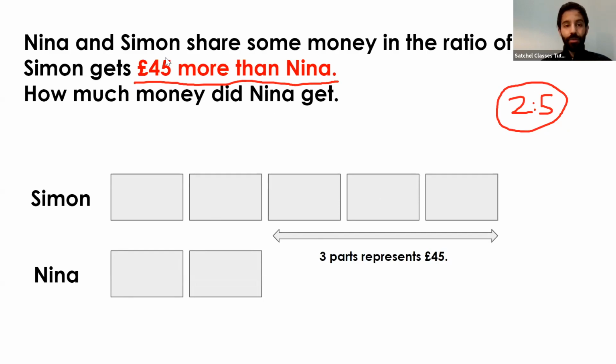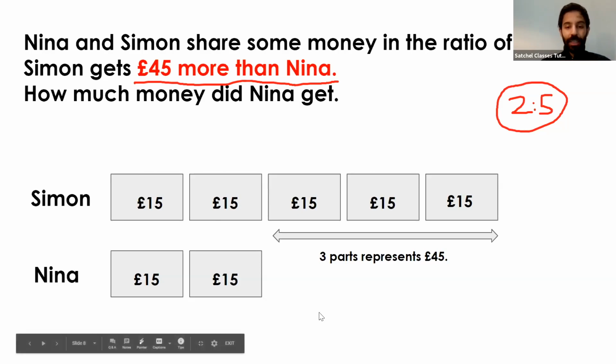If 3 parts is equal to 45, well, 1 part is going to be 15, so all of these parts are going to be equal to 15, and that would be the same for Nina. So we have 1, 2, 3, 4, 5 times 15, so that's going to be £75 for Simon, and Nina received £30.